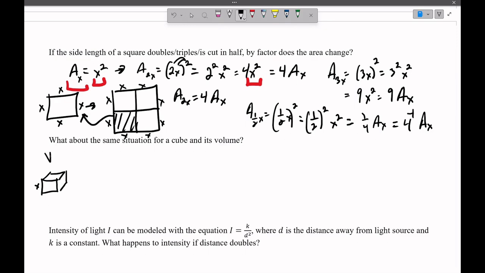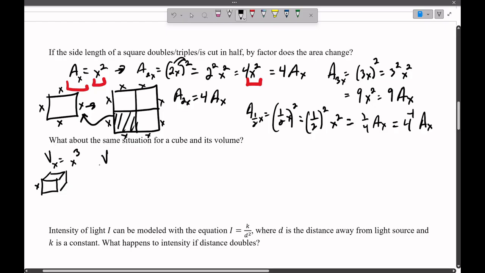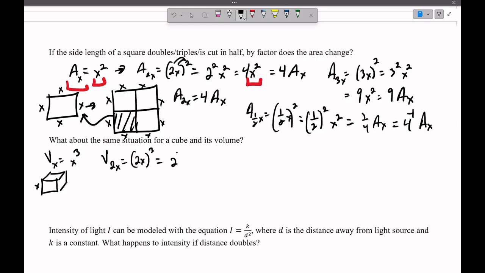Well, the volume is just x cubed, and if we double the side length, then we're going to get V of 2x equals 2x cubed, or 2 cubed x cubed, which is 8x cubed, which gives us 8 times the volume of x.